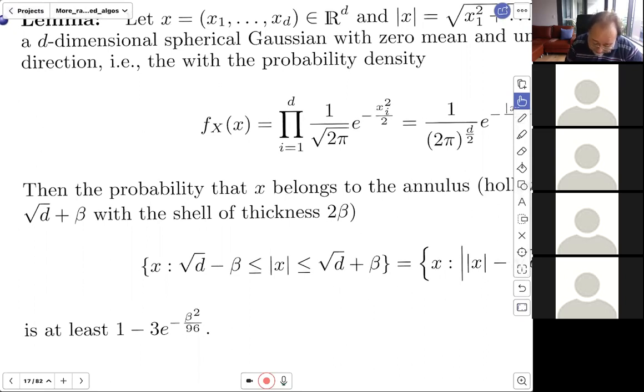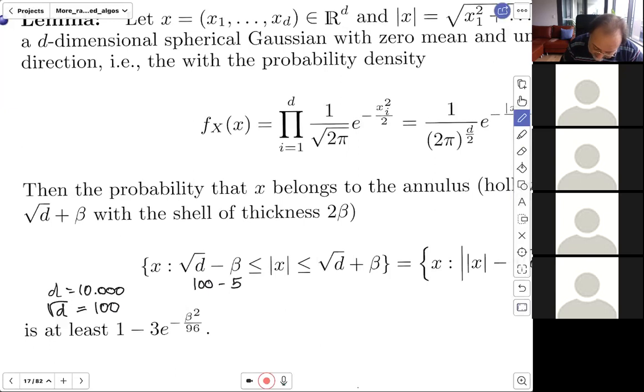So what does this say? It essentially says that, say d is 10,000, so square root of d is equal to 100, and for beta let's take, say, 5.